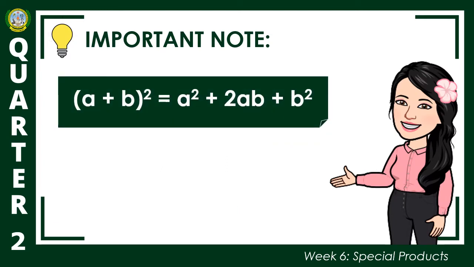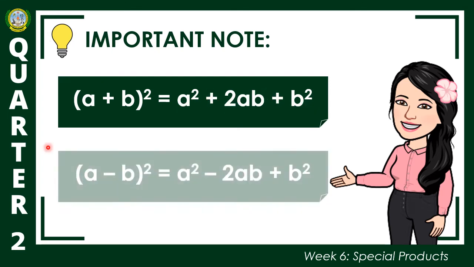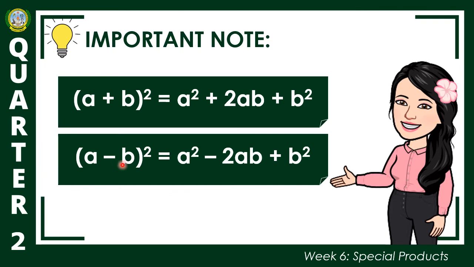Ayan. So, meron tayong important note dito. Remember po, kapag square ng sum of two terms, lahat po ng terms ng trinomial natin, ng perfect square trinomial, ay positive. So, positive a squared, positive 2ab, and positive b squared. And then, kapag naman po difference yung ini-square natin, so kung mapapansin nyo, same lang yung first terms nila, tsaka yung last terms.